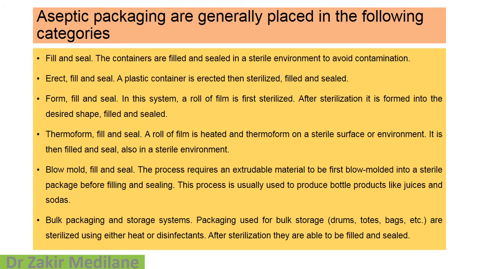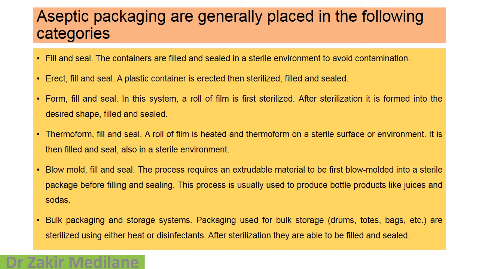We have to mold it into the required shape. Then it has to be filled and sealed. The raw material which we want to sterilize has to be enclosed in a sheet. That sheet has to be sterilized first. After performing the sterilization on that sheet, then we allow the material to fall inside the sheet.